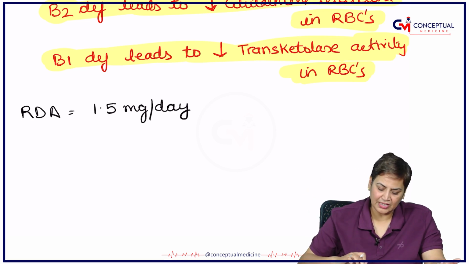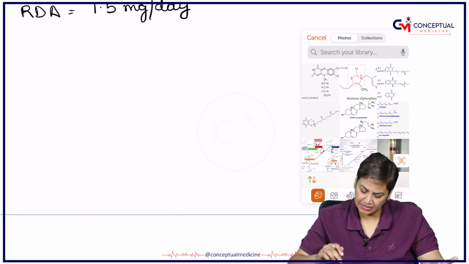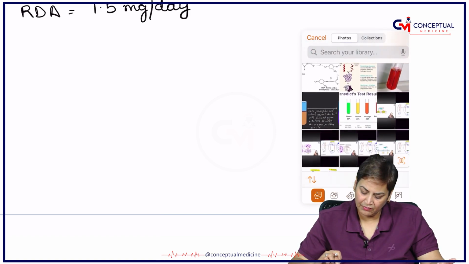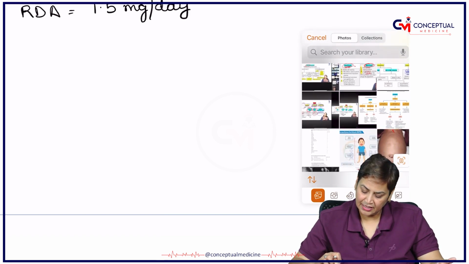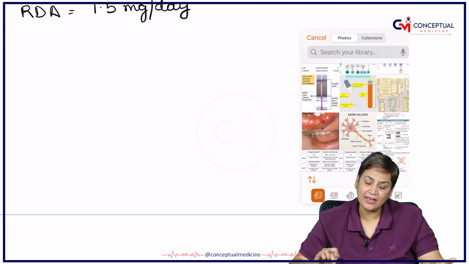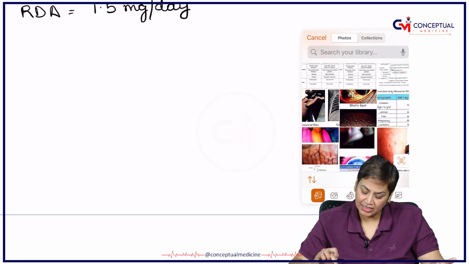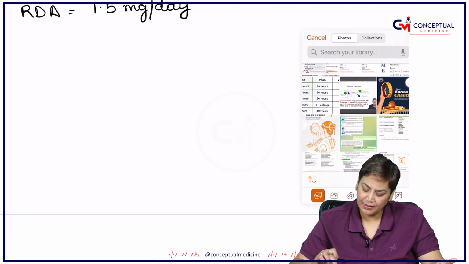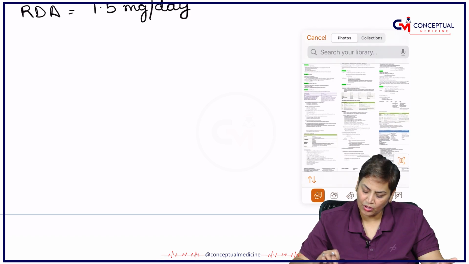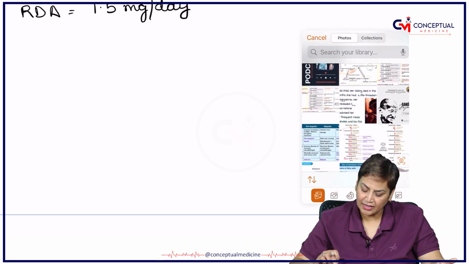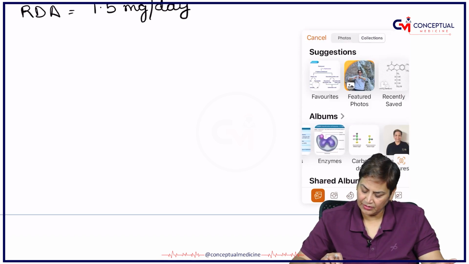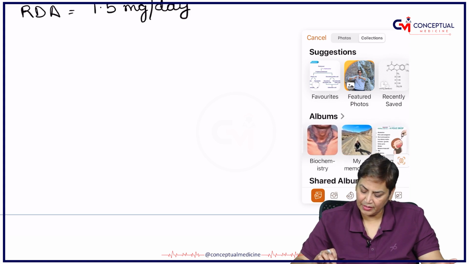Deficiency of riboflavin will give rise to cheilosis, glossitis, corneal vascularization, ulceration in the epithelium, and seborrheic dermatitis. These are totally different from B1, whose active form is TPP.